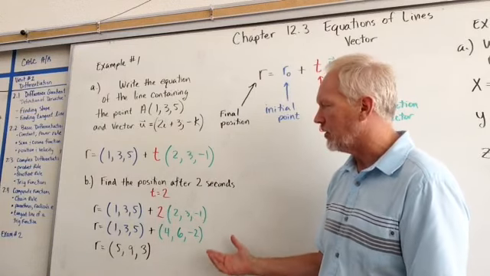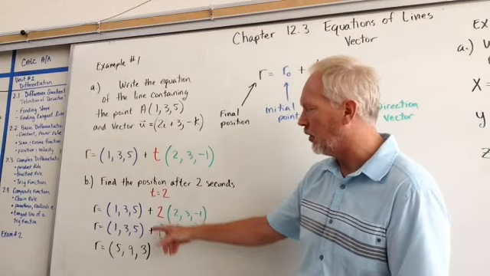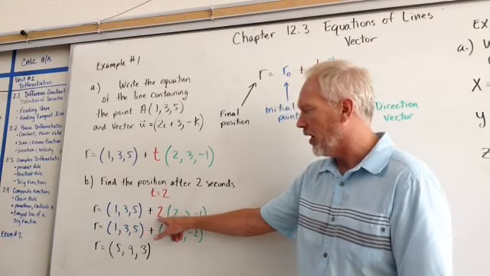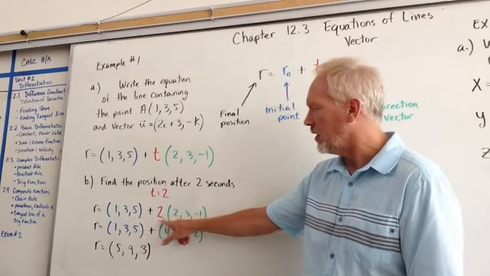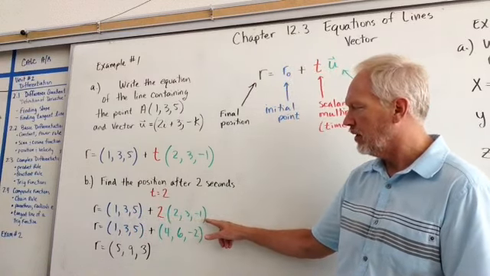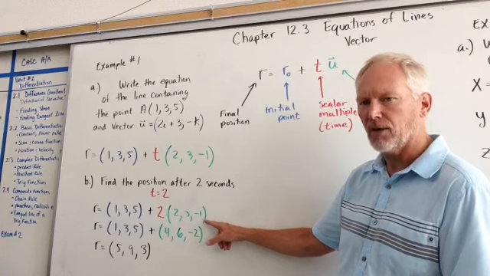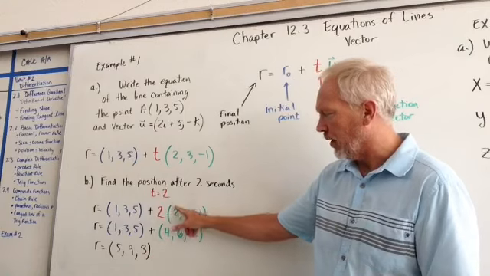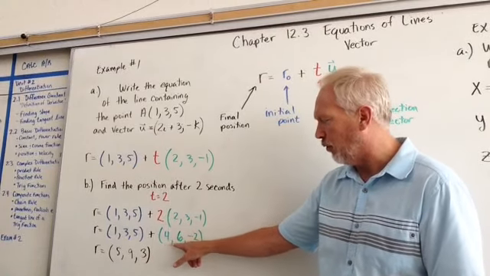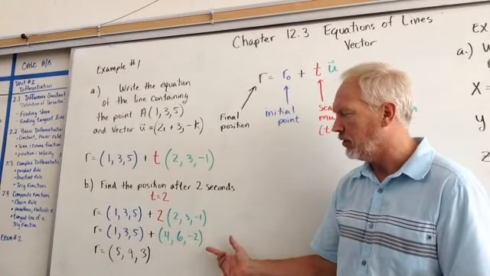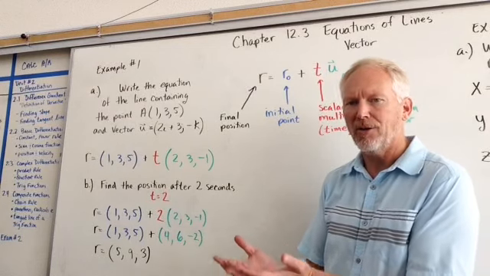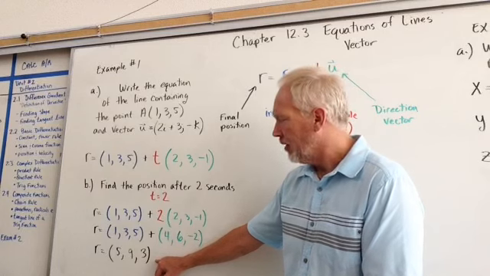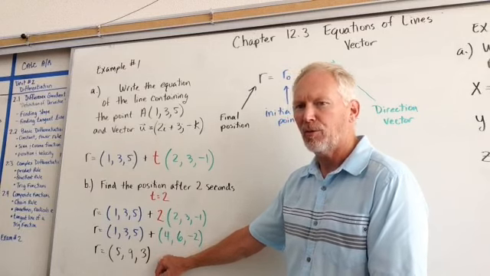So in the basics, if t is equal to 2, I take my r value of (1, 3, 5) plus, substituting 2 in for t, times the direction vector, and after I distribute this 2 across, we get (4, 6, -2). And finally, I add those together, and we get our final position of (5, 9, 3).